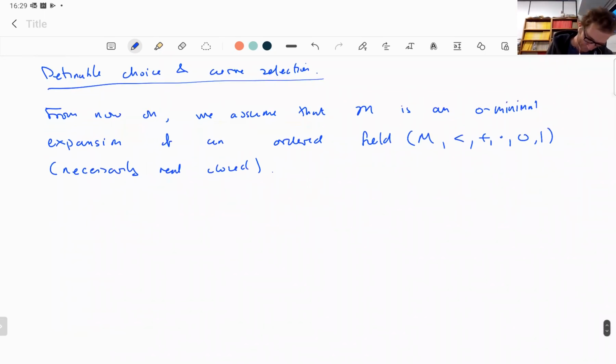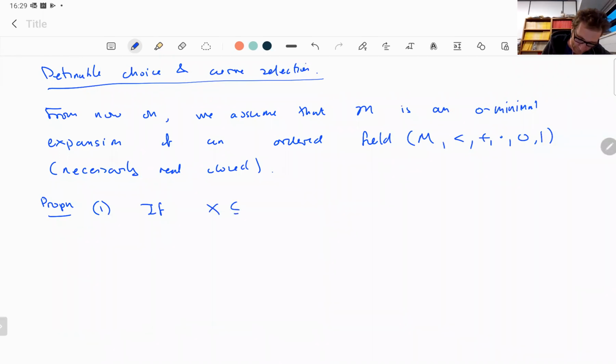Okay, so definable choice is a very useful thing. So what does it say? It's got two bits. If I have a definable family, I can definably pick elements of the fibers.